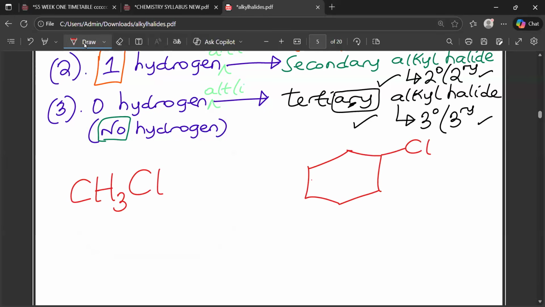So you've said that we should depend on the number of alkyl groups that are attached to the carbon that has the Cl, Br or I, isn't it? But realize when we look at this one, it is CH3 with the Cl. You understand? That this is the very carbon that has the Cl, and it has no carbon attached. So it's like you're meaning that it's neither primary, secondary, or tertiary.